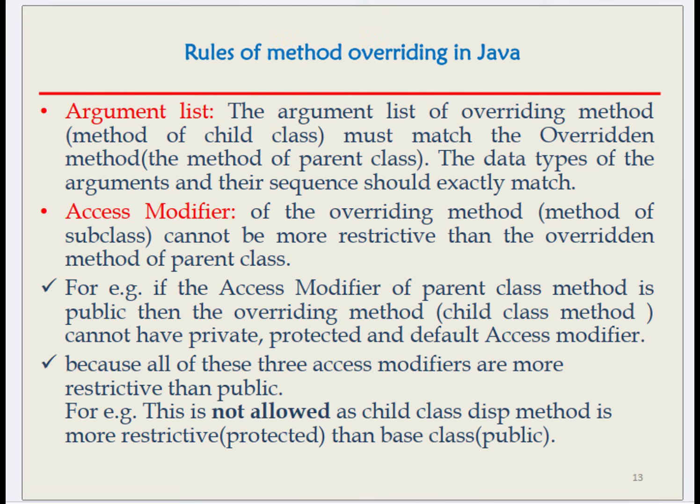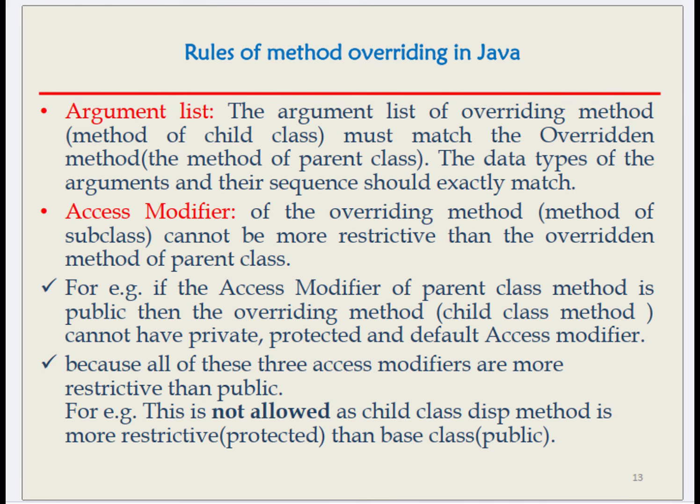Rules of method overriding in Java. Argument list: the argument list of the overriding method of the child class must match the overridden method of the parent class. The data types of the arguments and their sequence should exactly match. The access modifier of the overriding method of the subclass cannot be more restrictive than the overridden method of the parent class.